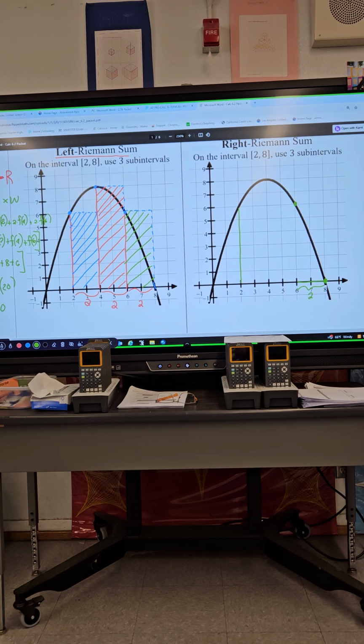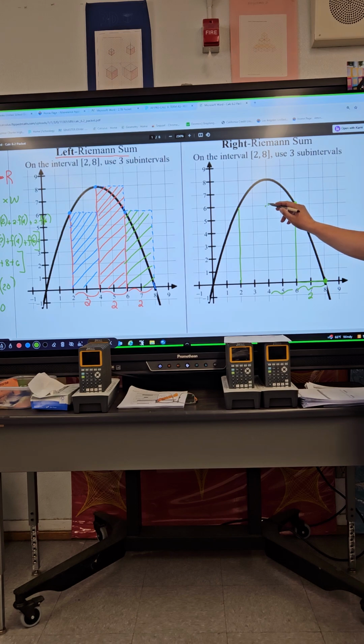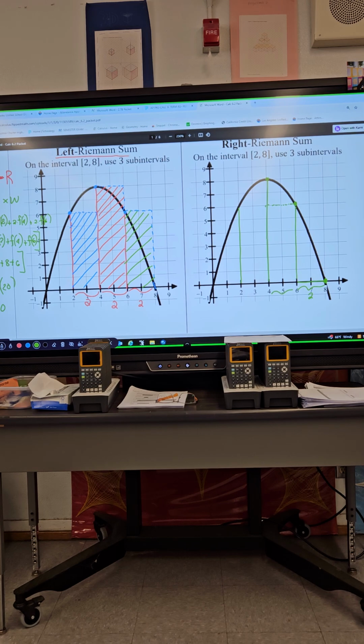And what's next? You go 2 units also. Right here. And then what's next? You go 2 units.